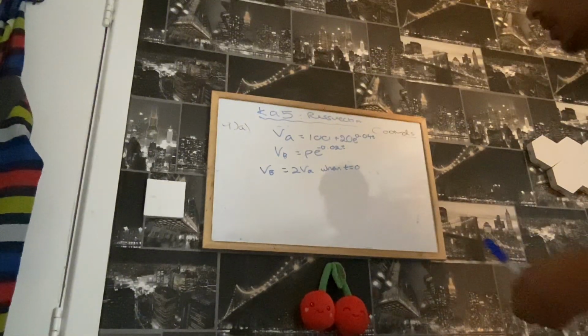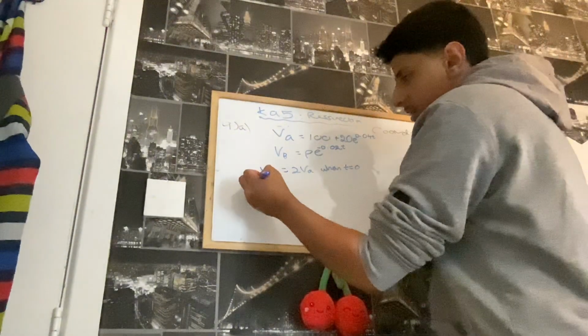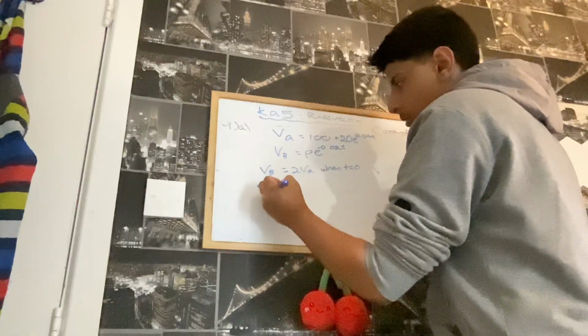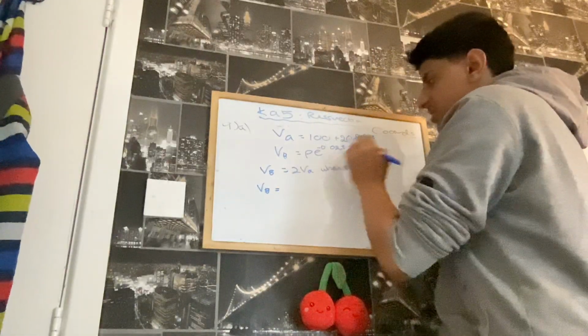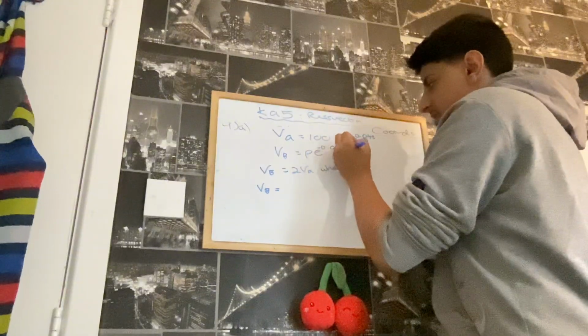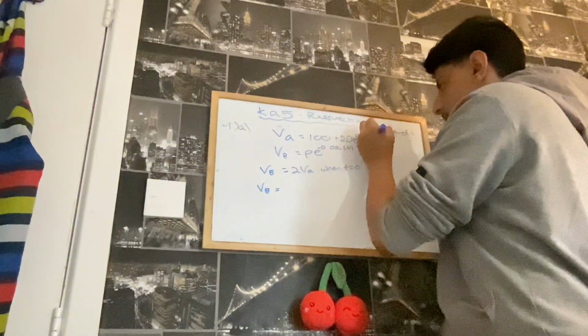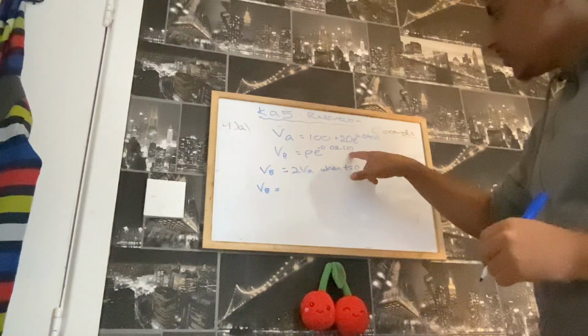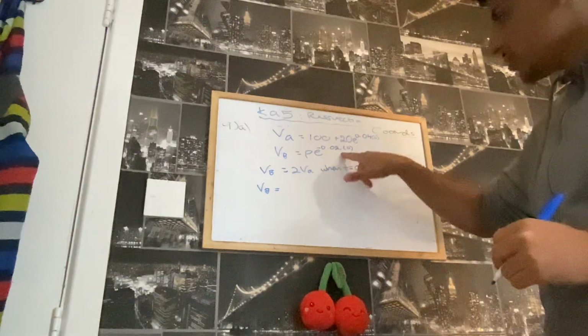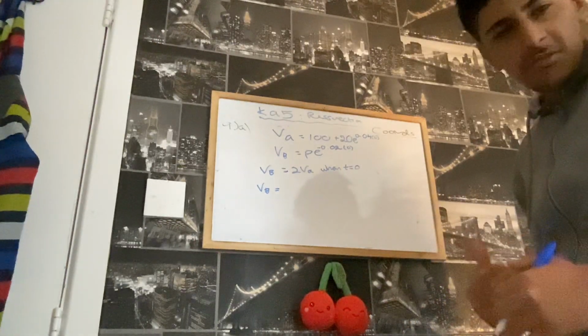So the value of VB, first of all, would be equal to, well, when T equals 0, so let's just say we made that 0. When T equals 0, minus 0.02 times 0 will still leave us with 0.